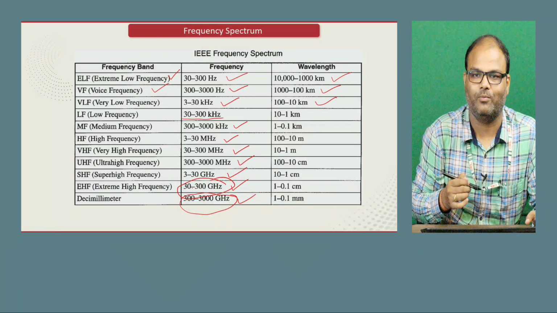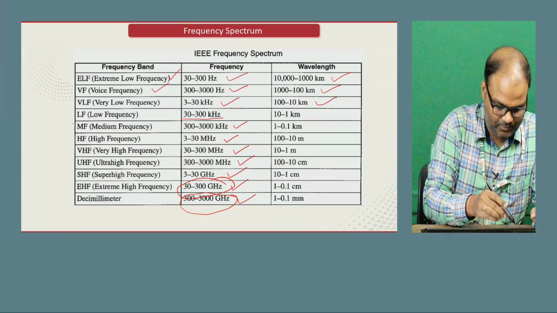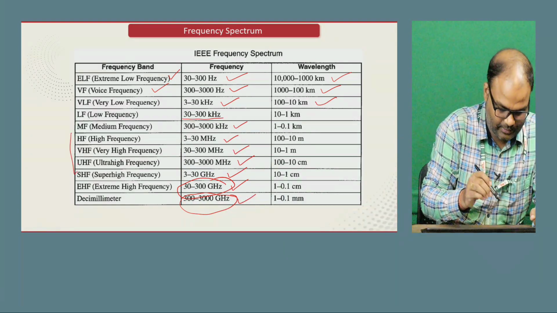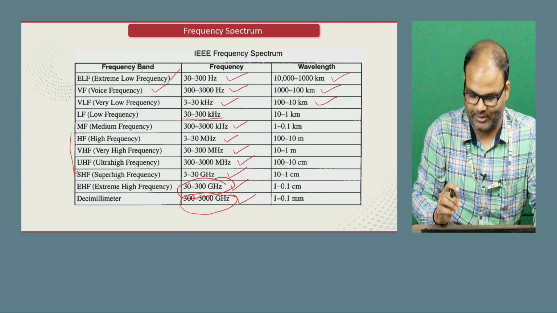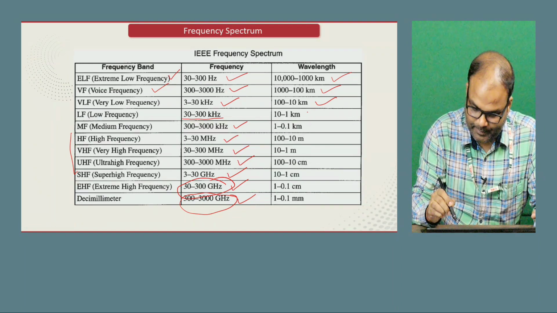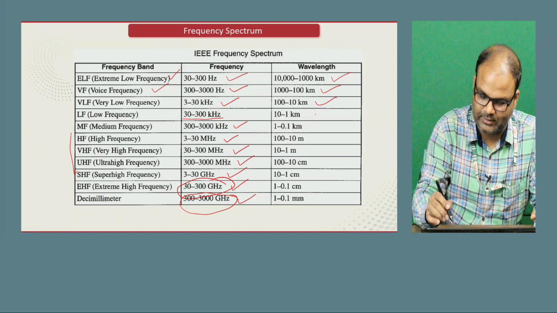Nowadays advanced work is going on, but we are thinking about the medium frequency to ultra high frequency in our experiments, like that, with the respective wavelength. So how will we calculate the frequency from the wavelength?